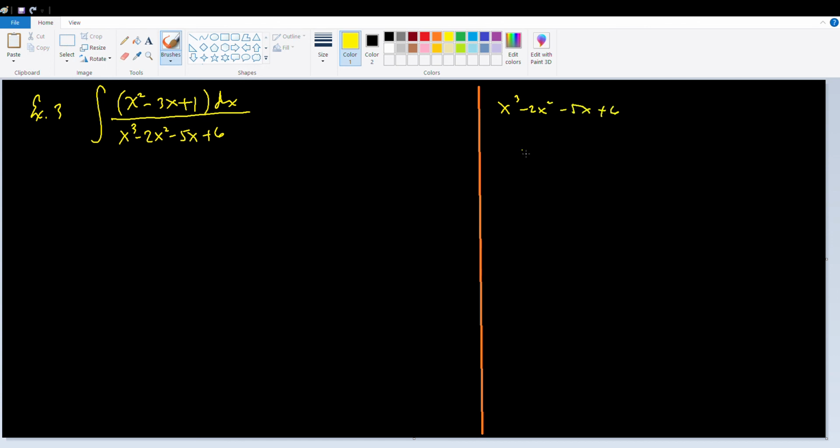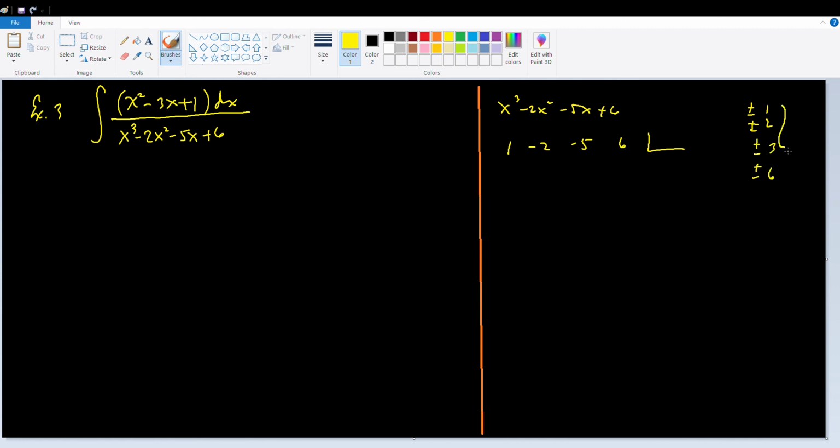Using synthetic division, we pluck out all the coefficients: 1, negative 2, negative 5, and 6. And then we determine the factors of the constant 6. So the factors of 6 are plus minus 1, plus minus 2, plus minus 3, and plus minus 6.